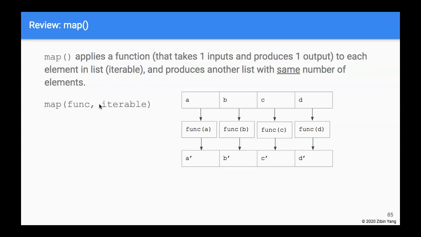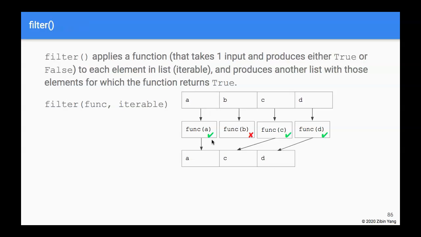But we'll just focus our attention on this one iterable, and it applies that function to each element in that iterable to produce new elements, and all these new elements can go into another list or other type of sequence. Now, the important thing to recognize for map is that the output list or iterable has the same number of elements as the input list.